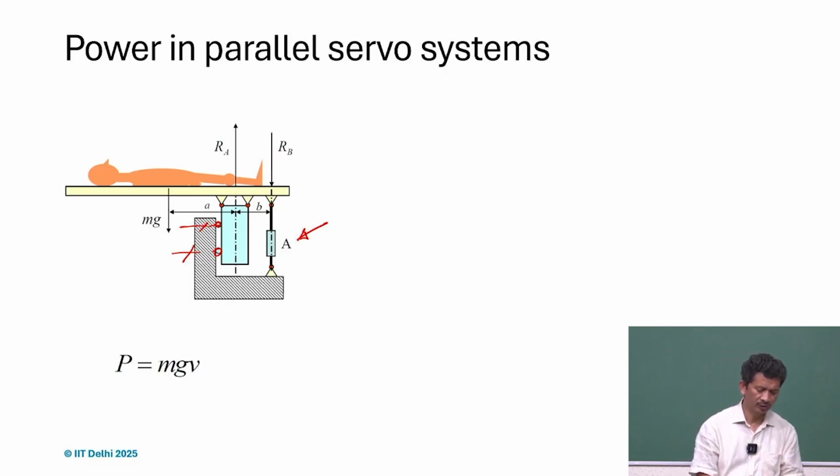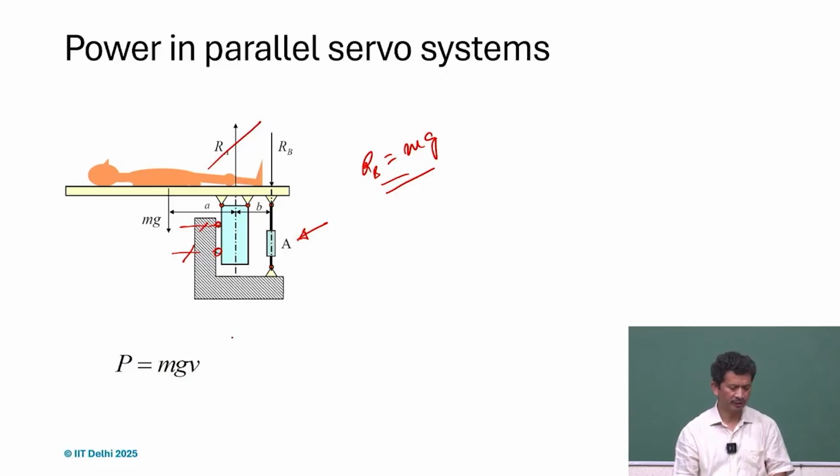So if we do the balancing, we realize that RB is nothing but simply mg here. There will be no RA because it's free to go up and down. So RA will be 0. RB will only provide the lift, which will be equal to mg. Any moment will be taken care of by the guide itself, this vertical guide which is moving up and down.